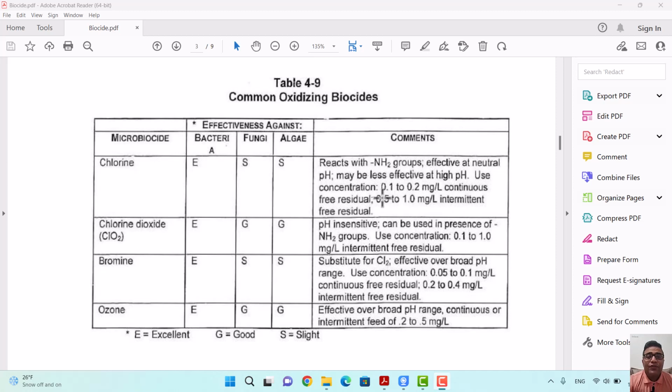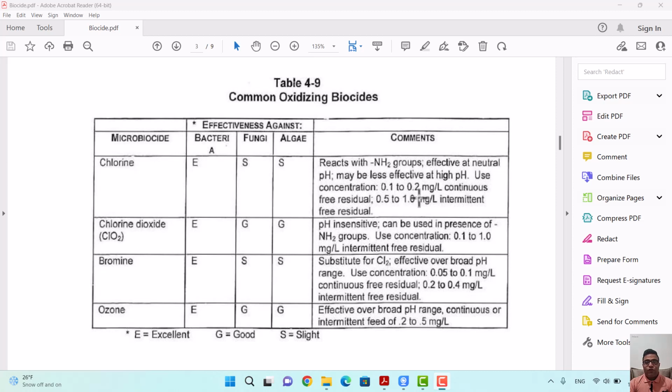there is no need to maintain the free residual of chlorine within such limitations. Sometimes it is, for instance, 0.05, sometimes it is 0.02, and sometimes it is trace, even though you know that it is fed continuously.